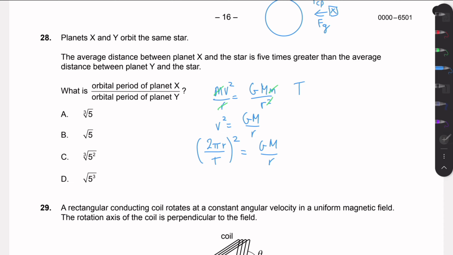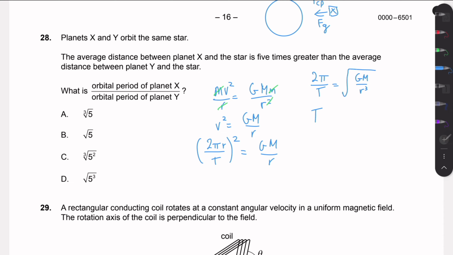So we can take the square root of both sides, and maybe it's easier if we do this in multiple steps. So we can just do 2 pi over T, and we take the square root. So we'll have GM over r divided by r. And we can bring this r inside the square root, as if it would be r squared under the root, then we can just divide the two fractions. So we'll have r cubed over here.